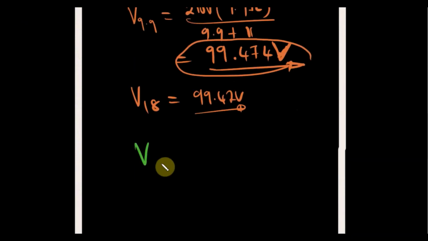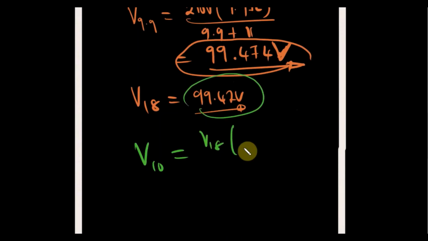We can just go ahead and get the voltage drop at the 10 ohm resistor by using voltage divider. So the voltage drop across the 10 ohm resistor would be equal to my V18, which is this one there, multiplied by my 10 ohm resistor divided by 10 plus my 8 ohm resistor.